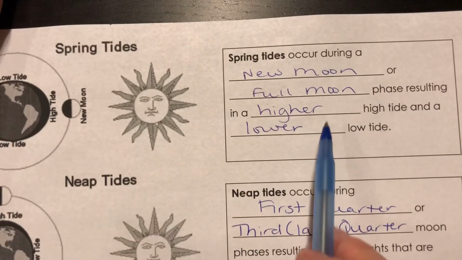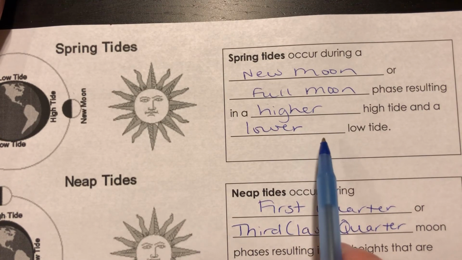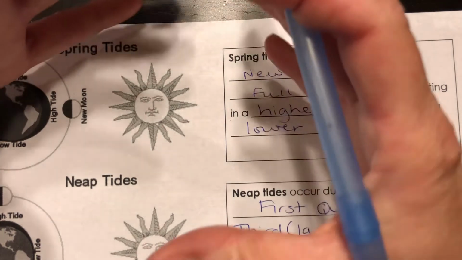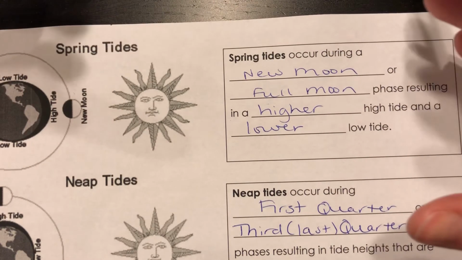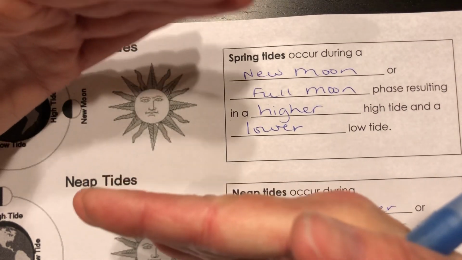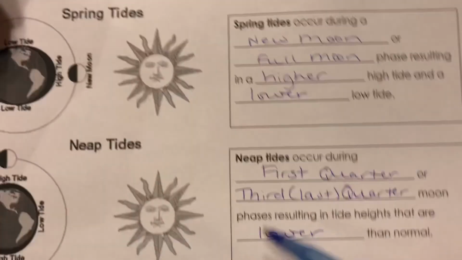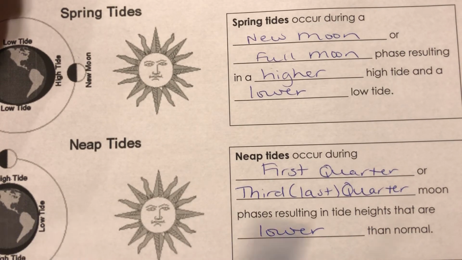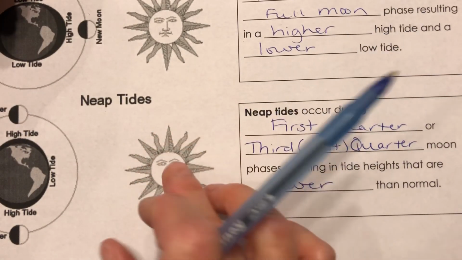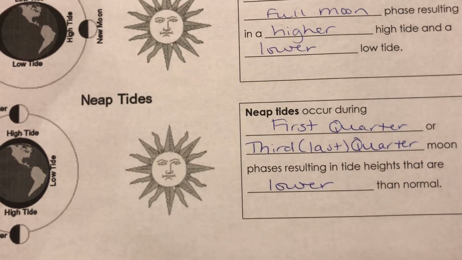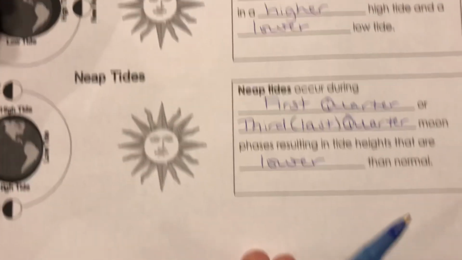So when we had spring tides, it was a higher high tide and a lower low tide, which makes sense because if the other tides are higher, on either side, then our low tides, the water's got to come from somewhere, it's going to be lower. Here, it's just lower all the way around because there's not as much of a pull going on from the sun. So the sun's gravity doesn't have as much of an effect on it.